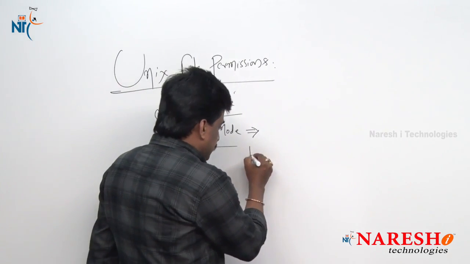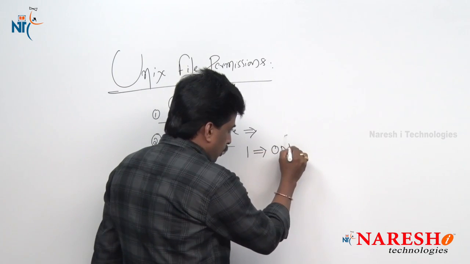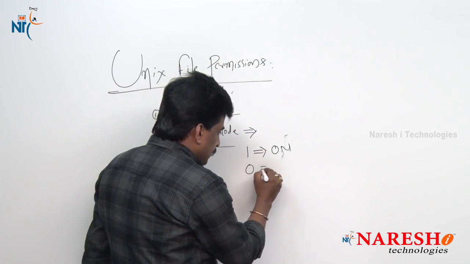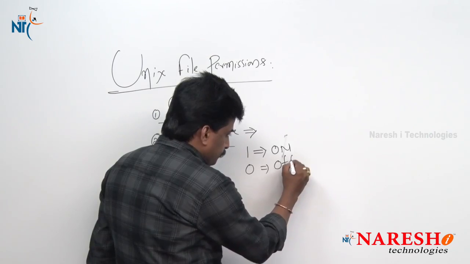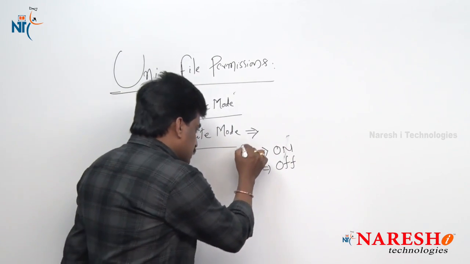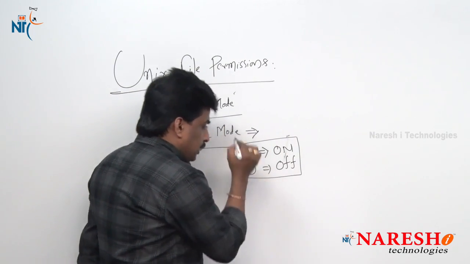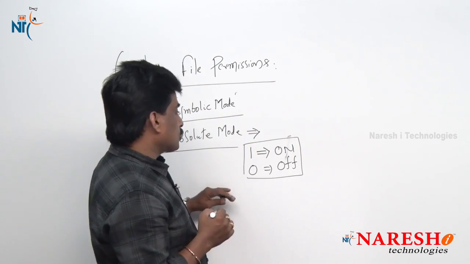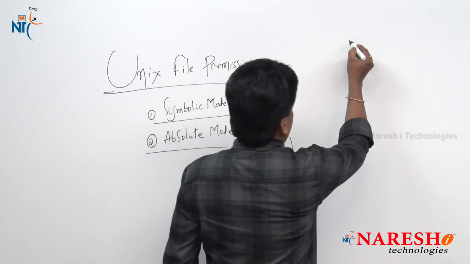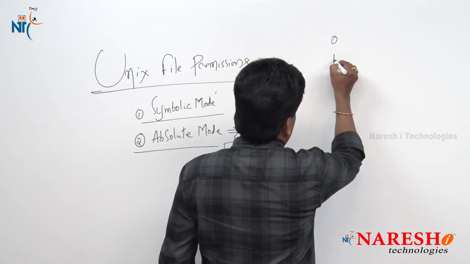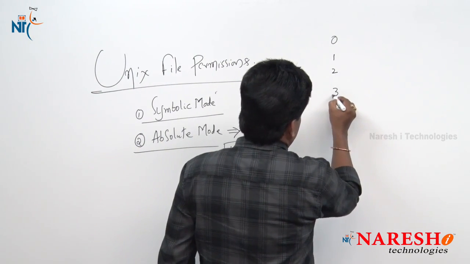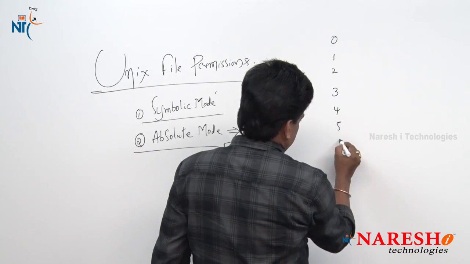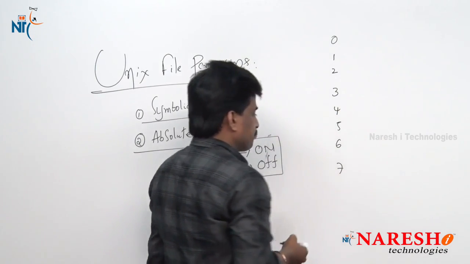Here 1 indicates permission on, 0 indicates permission off. Based on this principle, the octal number system works. As I said, octal number system is 0 to 7: 0, 1, 2, 3, 4, 5, 6, 7.